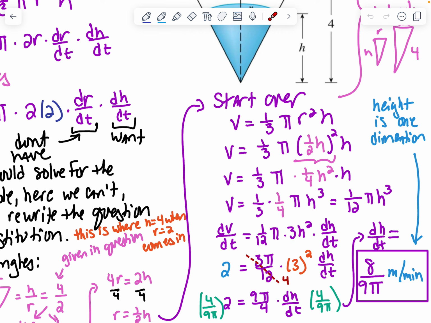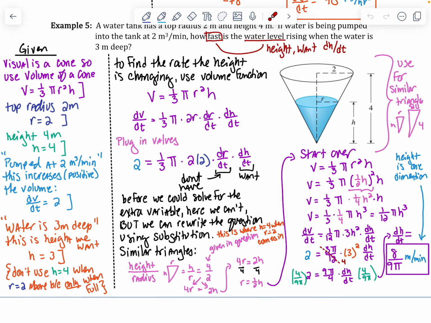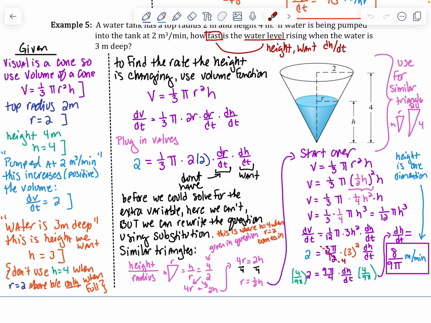I've got this 3 and this 12, which can cancel to just give me a 4 in the denominator. We had stated earlier that the volume was 2 cubic meters per minute, so we could put the 2 there.